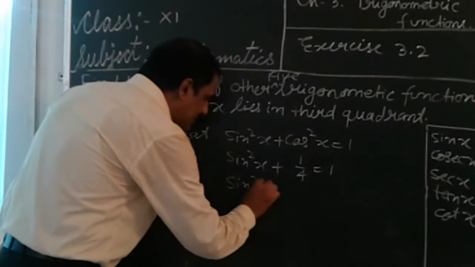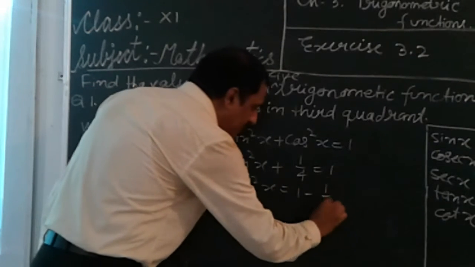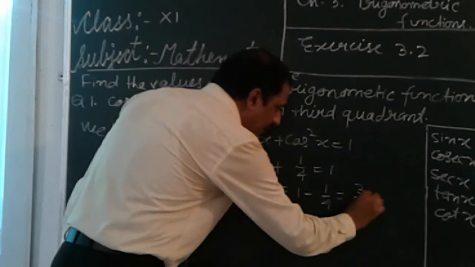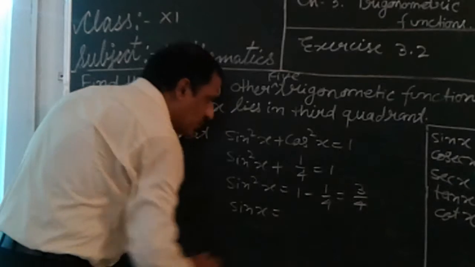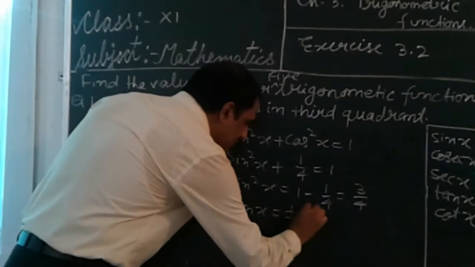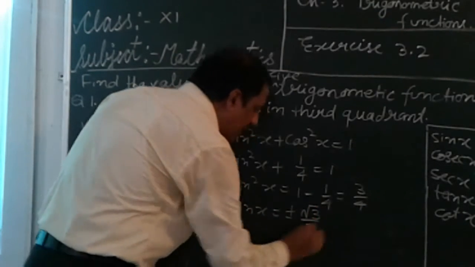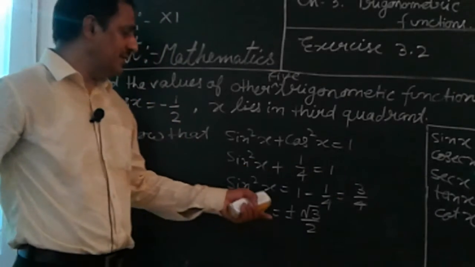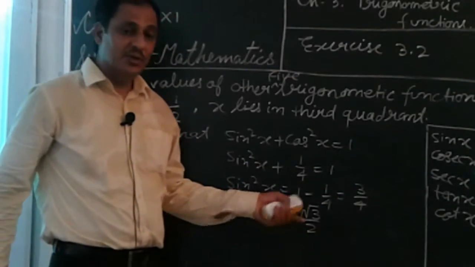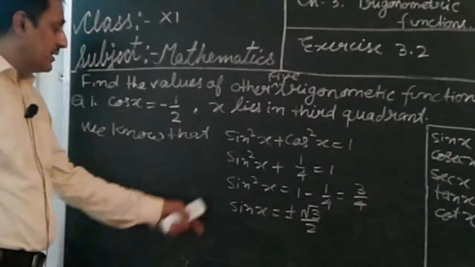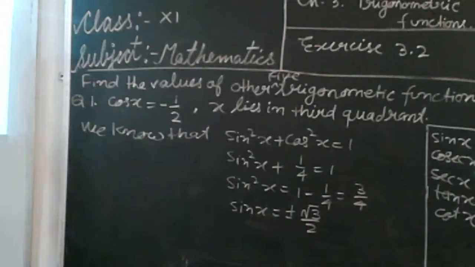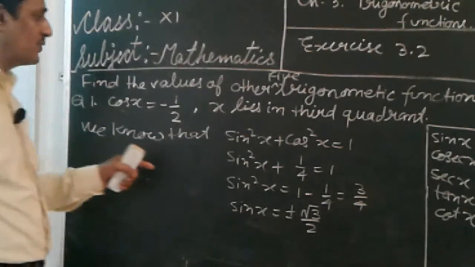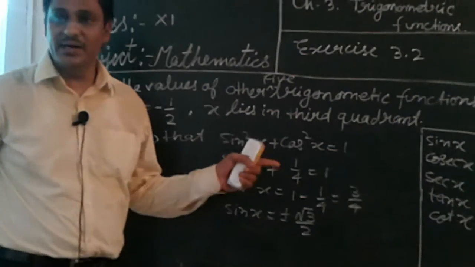Sin square x is equal to 1 minus 1 by 4, which becomes 3 upon 4. Hence the value of sin x is equal to plus minus root 3 by 2. Here x lies in which quadrant? X lies in the third quadrant.